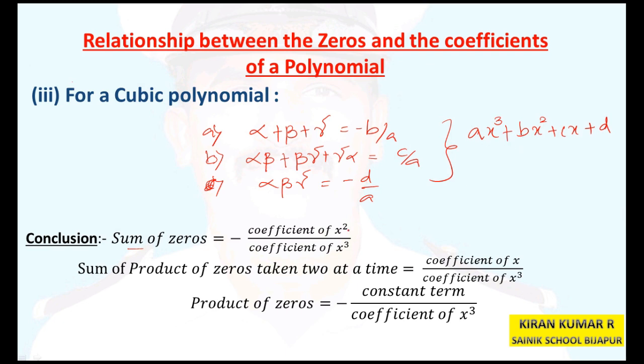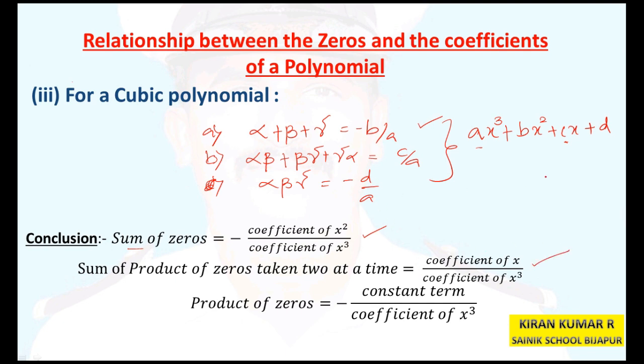You can observe the coefficient of x square is b, the coefficient of x cube is a, so minus b by a is coefficient of x square by coefficient of x cube. c by a: c is the coefficient of x and a is the coefficient of x cube.